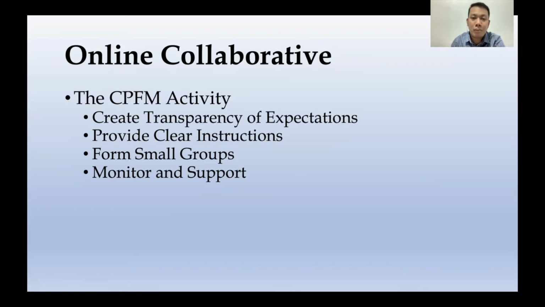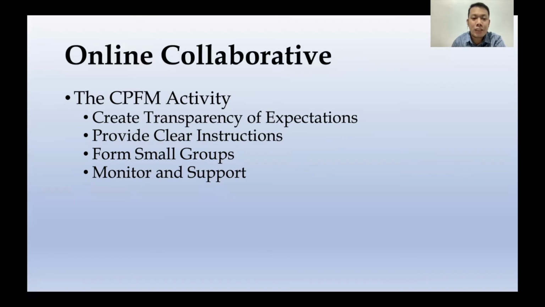Or what will be the medium of language they will be using? Are they going to speak in Tagalog or in English? How many minutes in a day should they spend in meetings? Those are just a few of the examples. There are a lot of examples that you should include in providing clear instructions to your students.